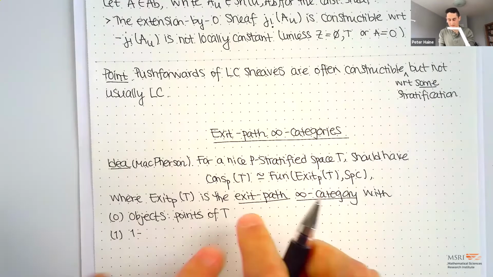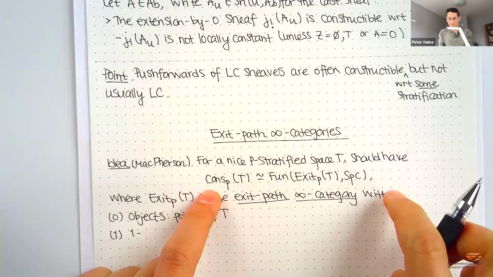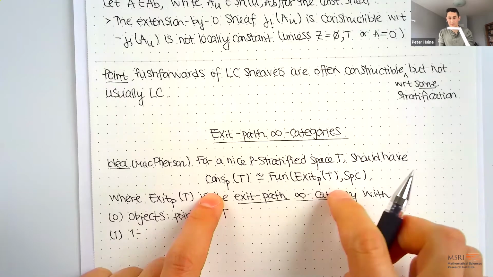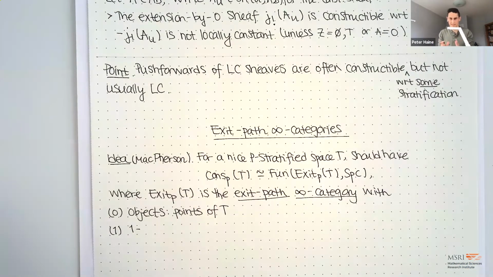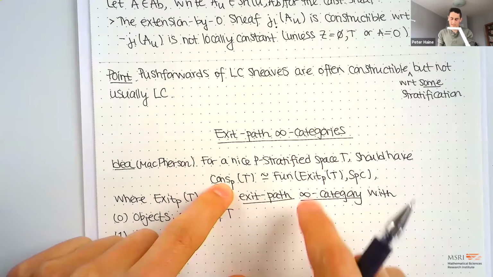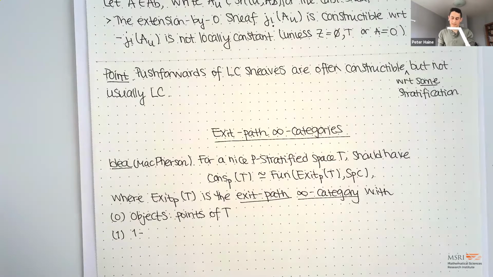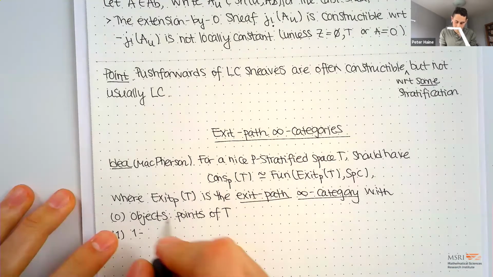We want to know about constructible sheaves, or locally constant sheaves, on each stratum. So you should allow any paths that stay within a stratum. And then there's some data that you need to glue these things together, and that data is encoded by the poset. So we're going to allow paths that exit from lower to higher strata.